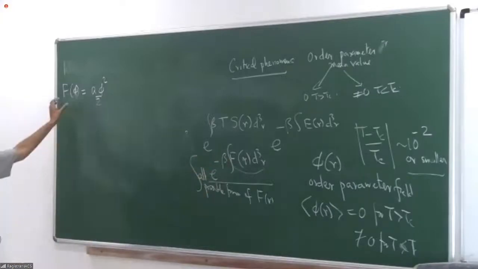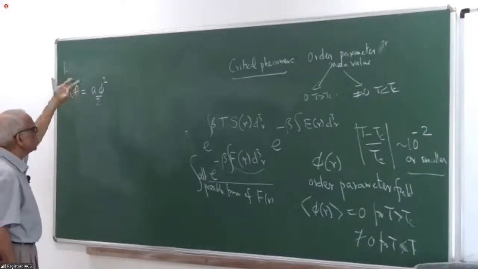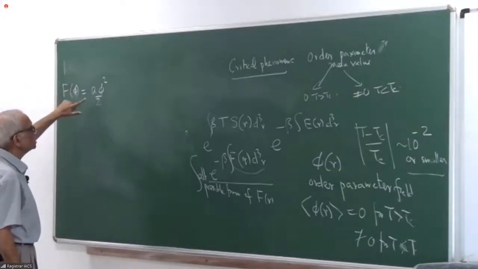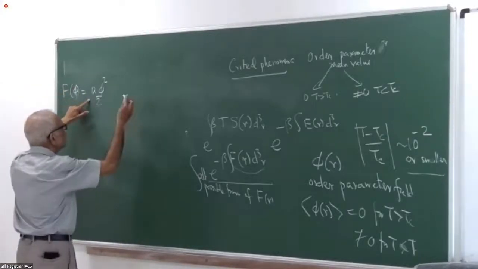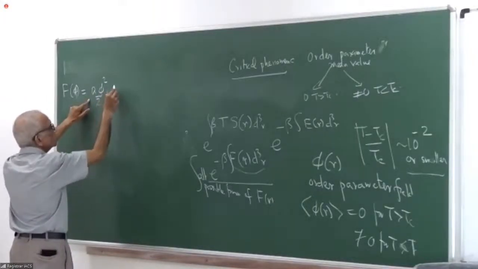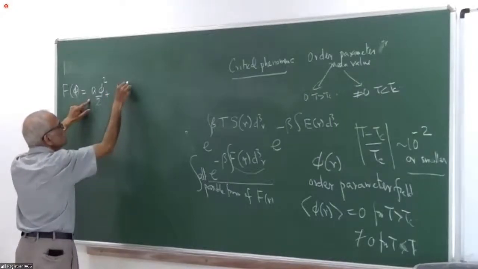So it is a times phi squared. It is going to be symmetric, it does not depend on the sign of phi. The free energy is independent of whether phi is positive or negative. So it is a symmetric function, and then phi is a function of r, therefore there will be gradients. And the gradient term is grad phi squared.